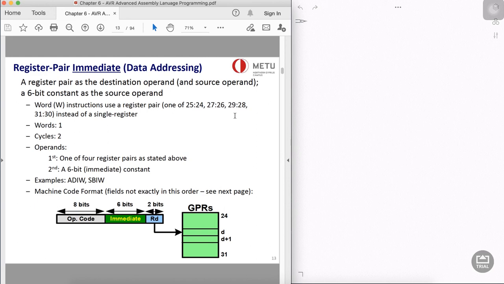As you can see from here, you have the opcode, the immediate value and the destination. So it specifies 24 and 24 plus 1, 25, for example, or 26 and 26 plus 1, 27. So this is how they are located in it.